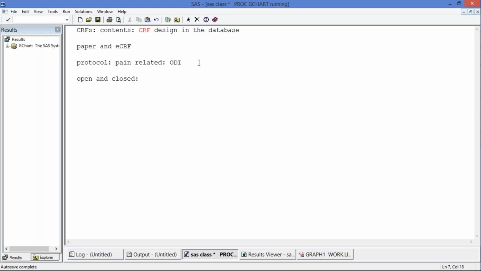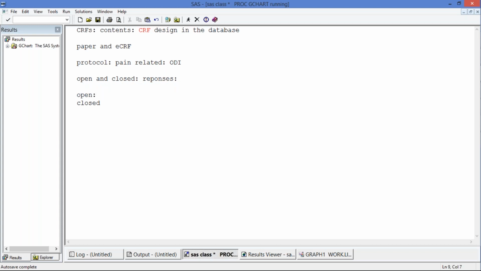So what are open and what are closed? Open and closed responses. Responses are of two types: open and closed. What is open?